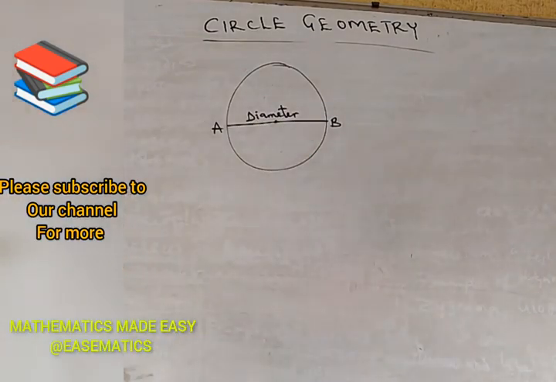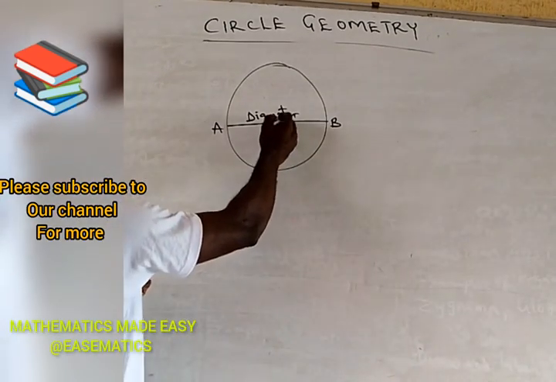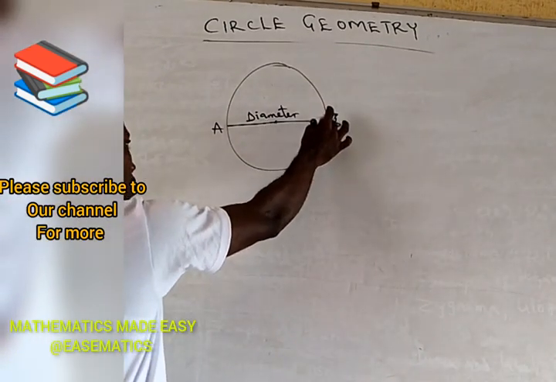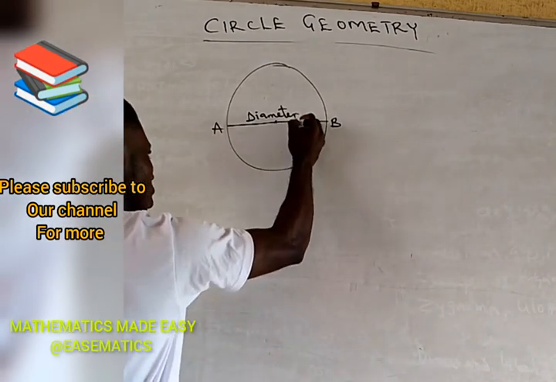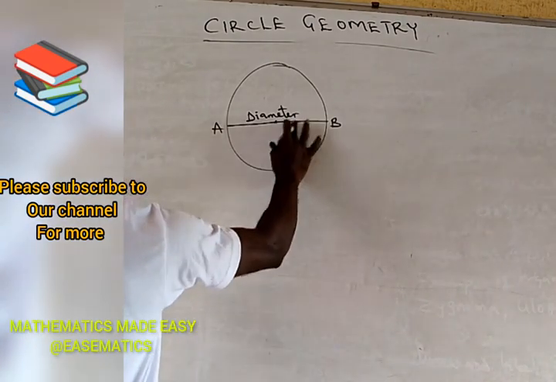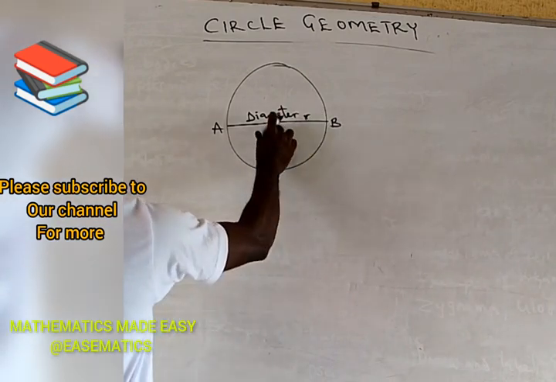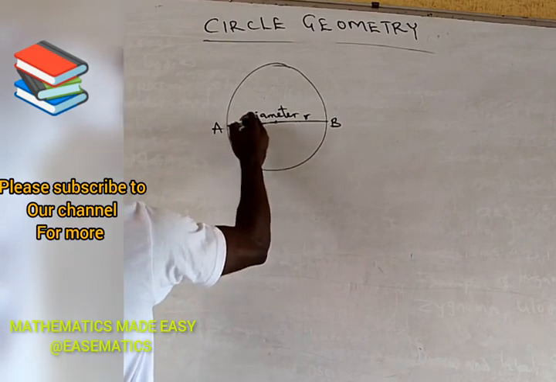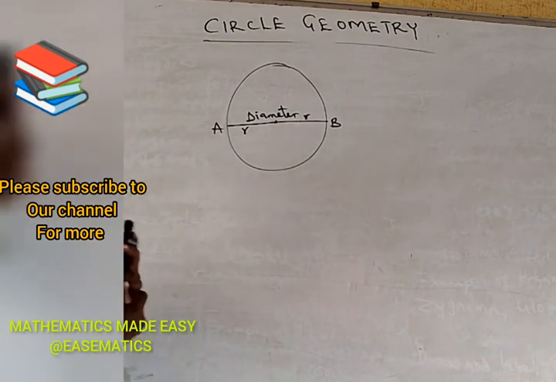Earlier we said that any line running from the center of the circle to any part of the circumference is the radius. This is the radius, which is R. Same applies when this line runs from here to this part of the circumference; we also call it the radius.